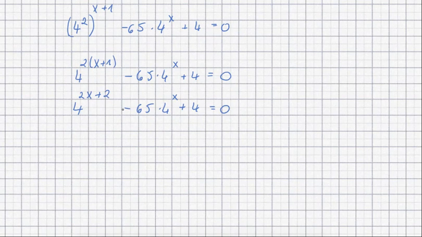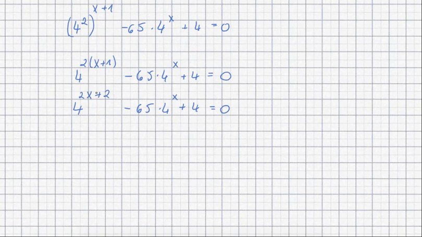You see here that the 4 has in the power something plus something. What can we do? Can I add them? You can't add, because it's 2x plus 2.